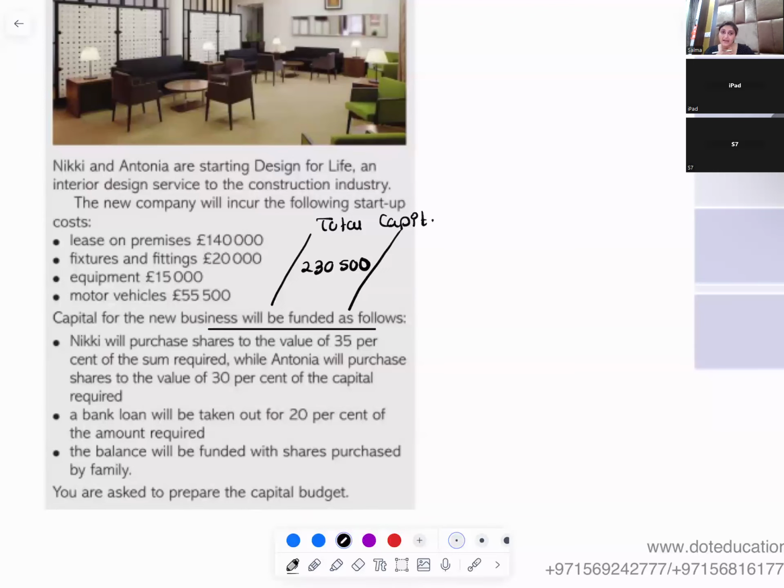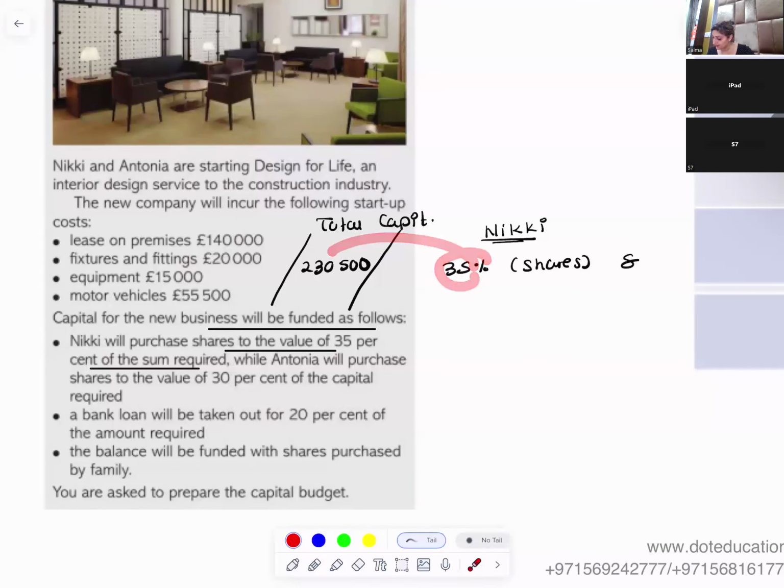This is the way the capital for the new business will be funded. Nikki is going to purchase shares to the value of 35% of the sum required. 35% of 230,500 becomes 80,675.